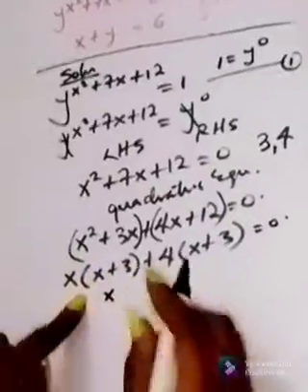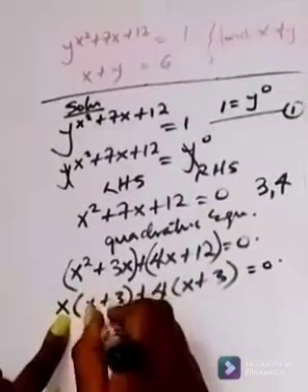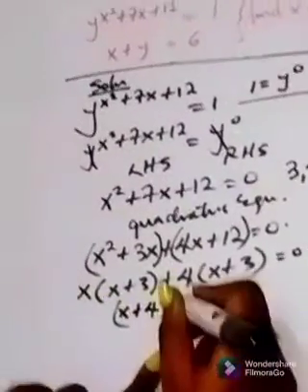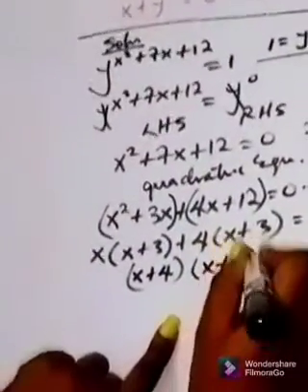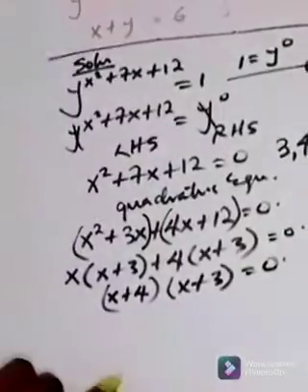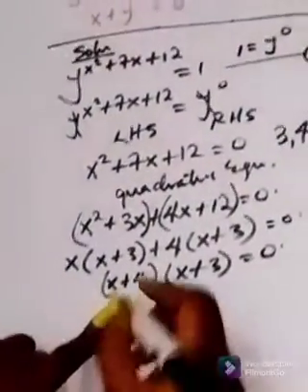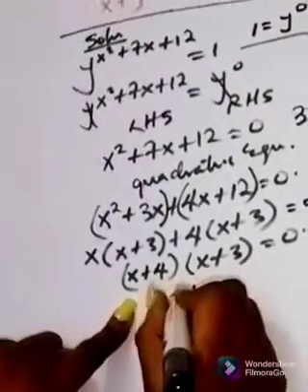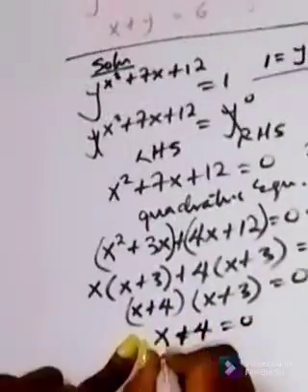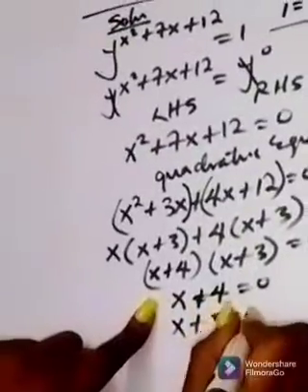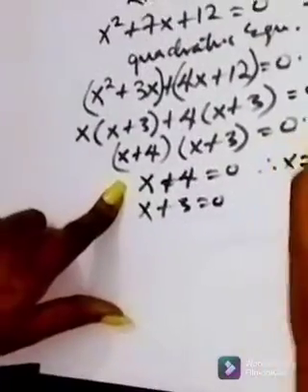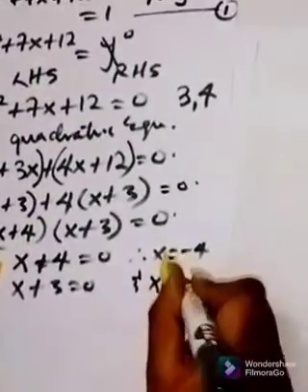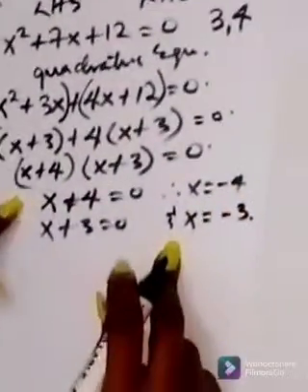So we have x. If we take x plus 4, we form a bracket. And then we take the common x plus 3, forming another bracket. So we now have two values of x, giving us x plus 4 equal to 0 and x plus 3 equal to 0. Therefore, x will become minus 4 and x also is minus 3.